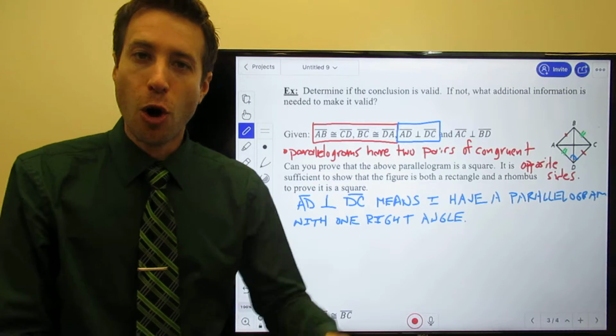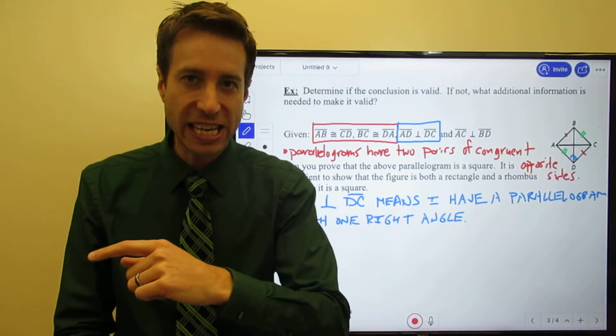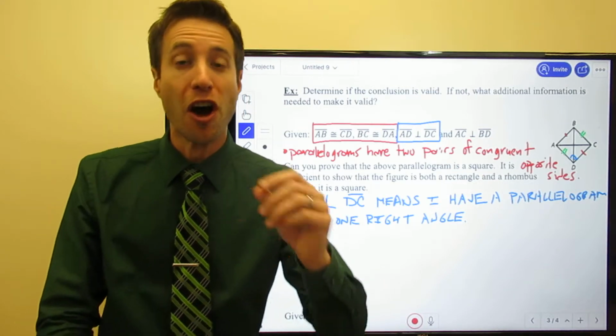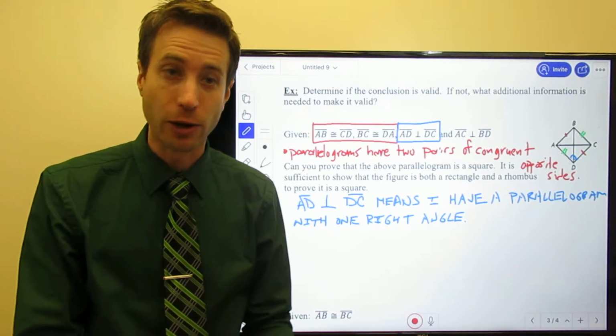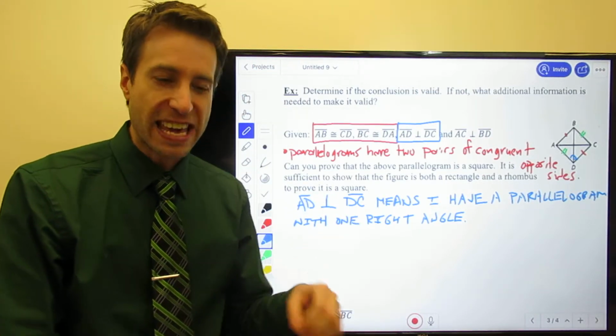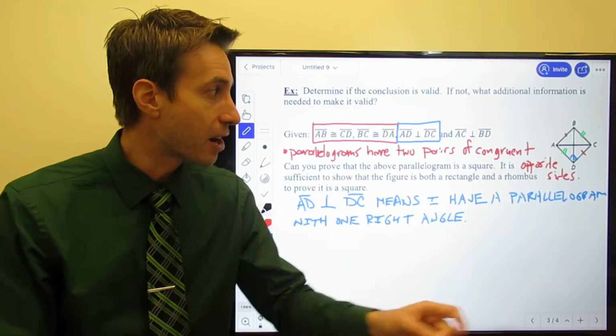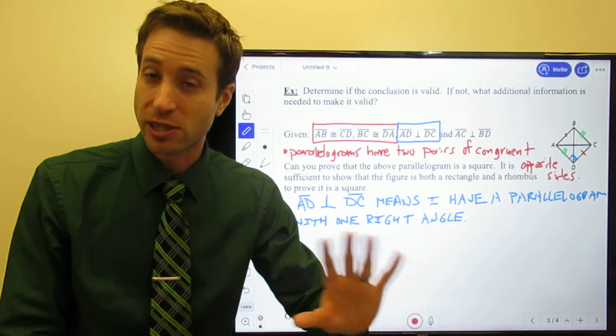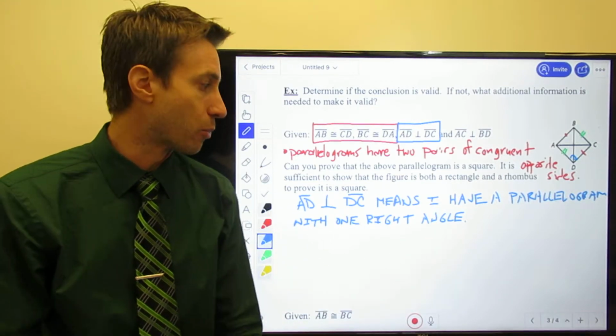What does that mean? Well, go back to the first page of the notes. I gave you that table that lists the conditions for a figure being a rectangle. This was the first one. If I give you a parallelogram and that parallelogram has one right angle in it, then the theorem says it must be a rectangle.